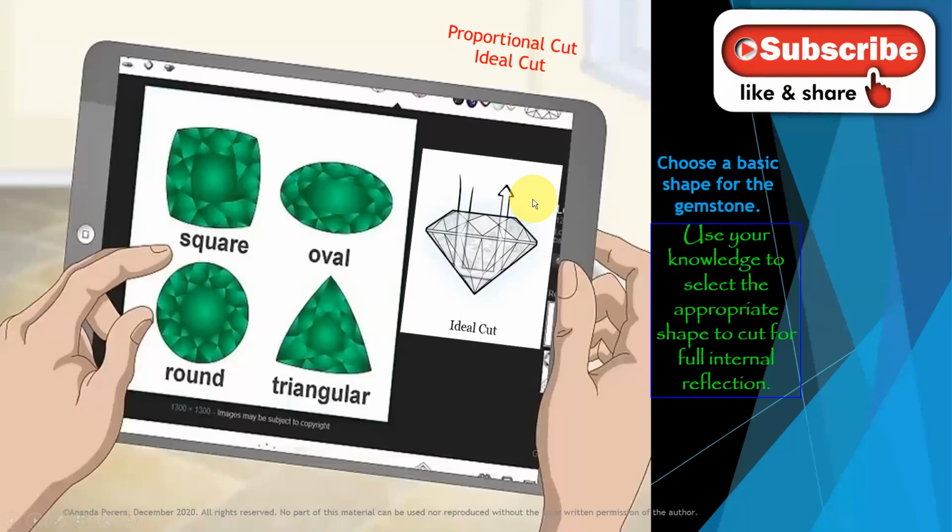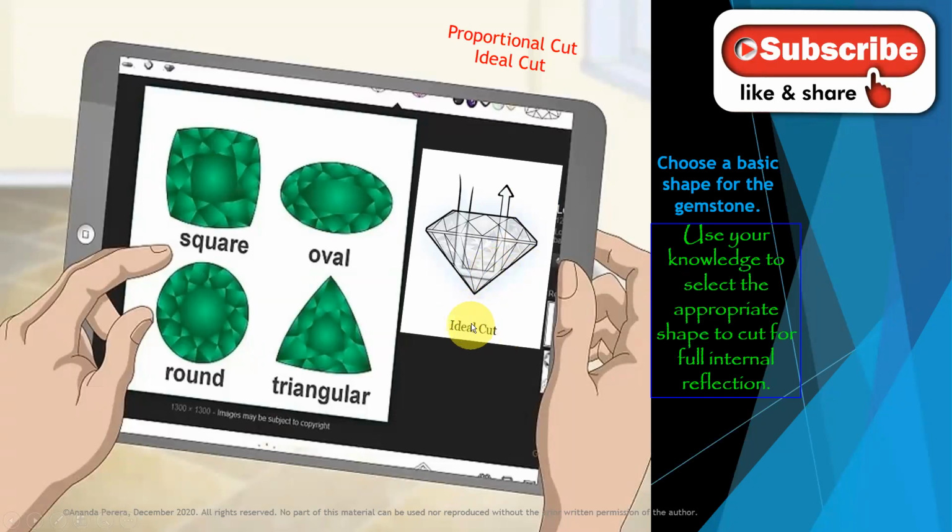Now we are moving to here. We can cut square shape, oval shape, round shape, triangular shape. There are a lot of shapes we learned earlier. But we have to think about this: internal reflection, complete internal reflection with correct angles. Then it becomes a more beautiful stone. It creates more beautiful stones with good luster.